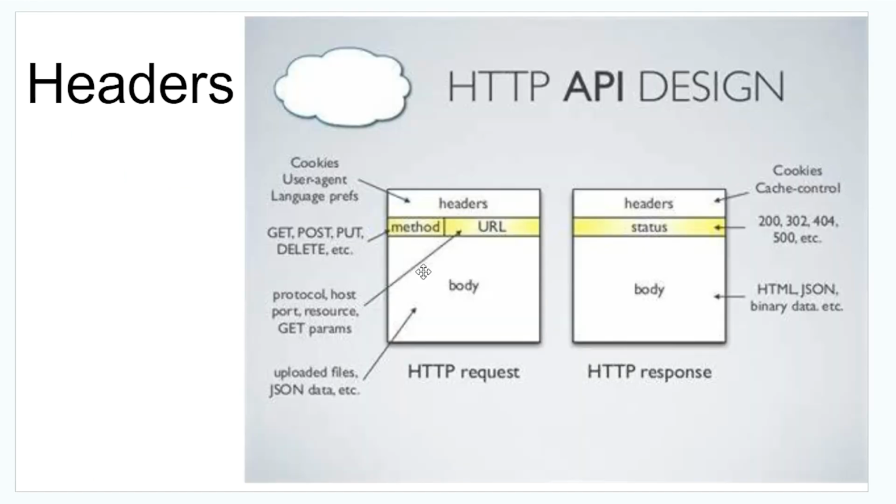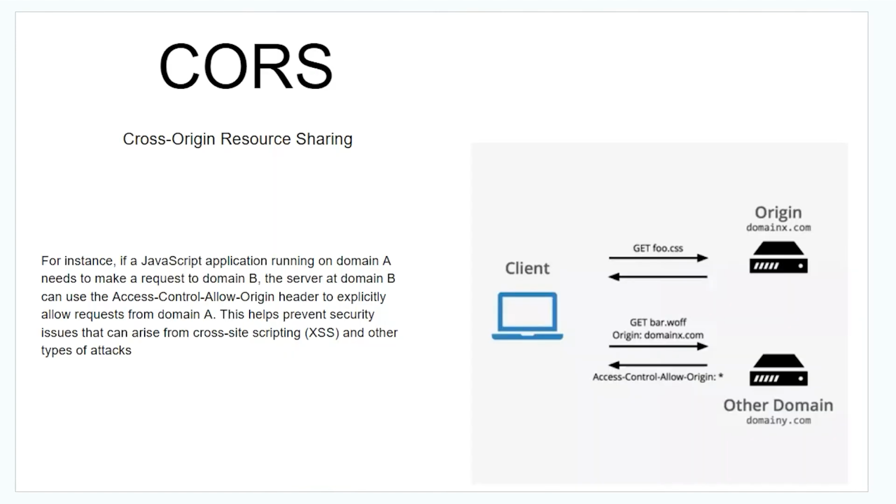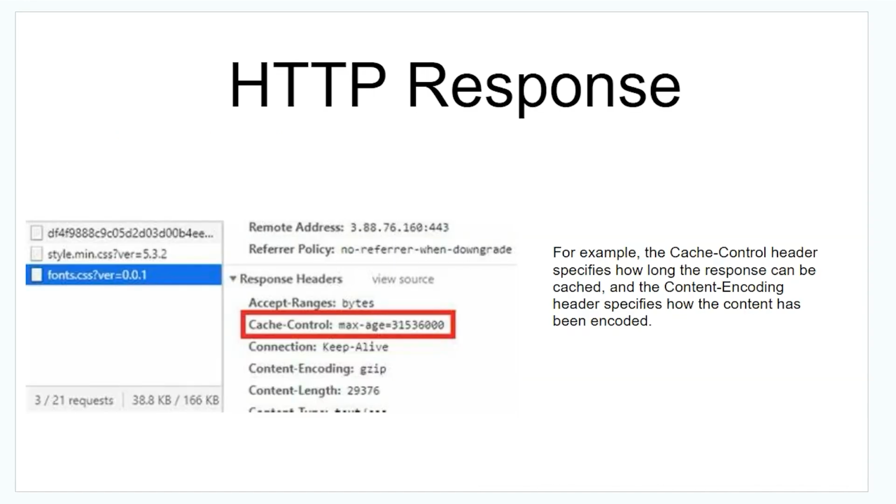For example, the content type header specifies the type of data that is being sent in the request body, such as JSON or XML. Another important header is the CORS header, which is used to enable cross-domain requests. In HTTP responses, going back the other way, headers are used to provide additional information about the response.